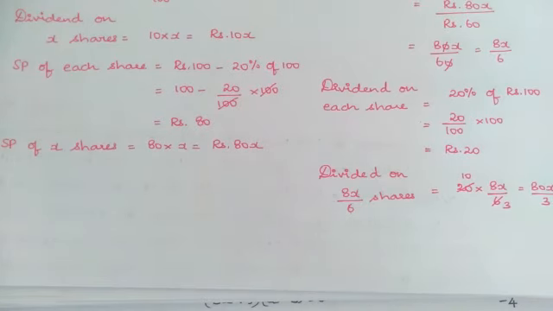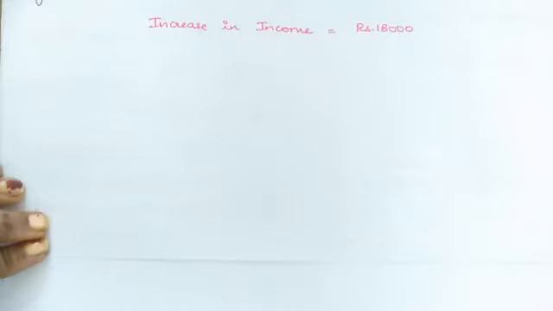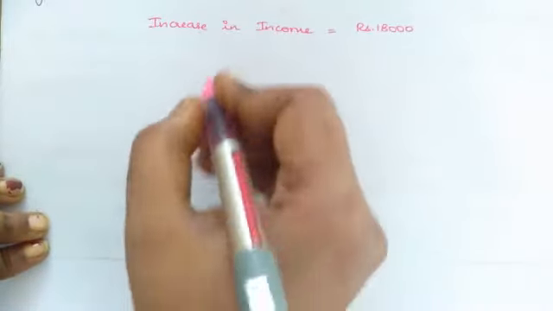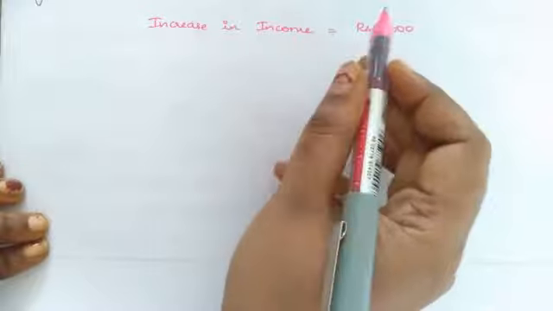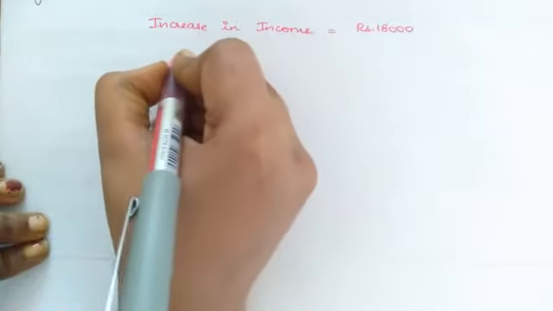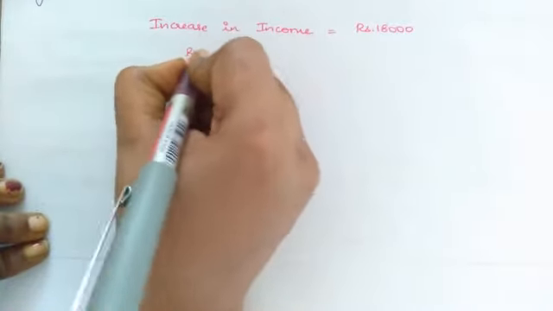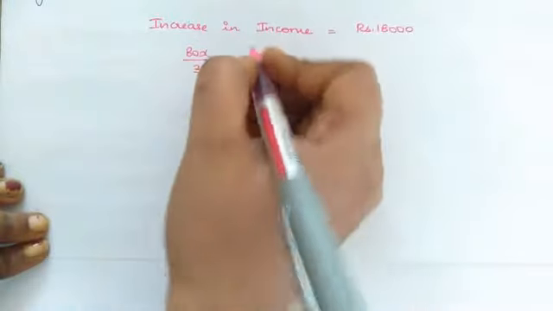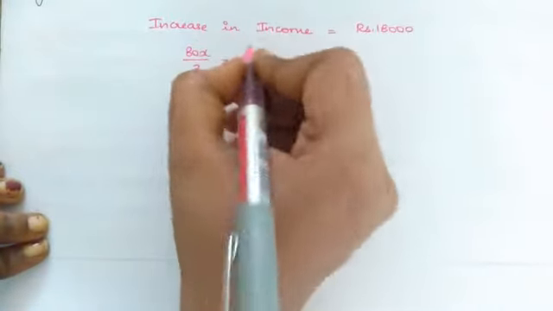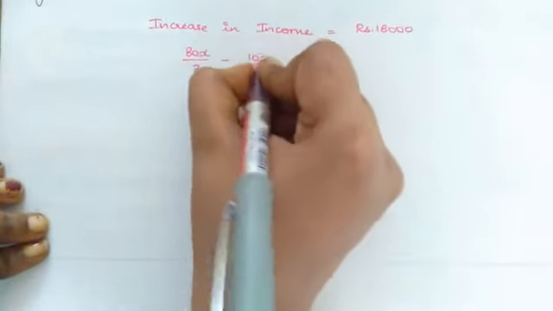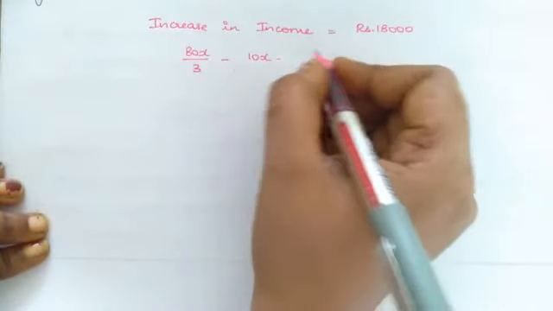So let's find the difference between the dividends which he has got from both companies. We are given the increase in income as 18,000, that is, his income is increased by 18,000 because the new company is paying him 80x by 3 as a reward and company A was giving him 10x as the reward, that is, the dividend.